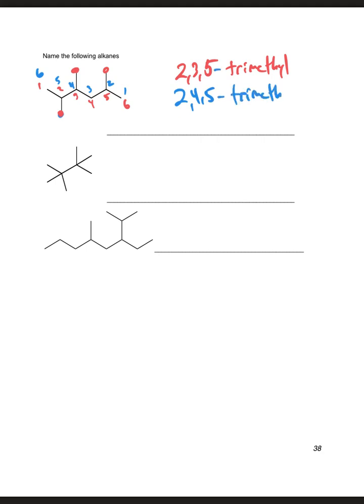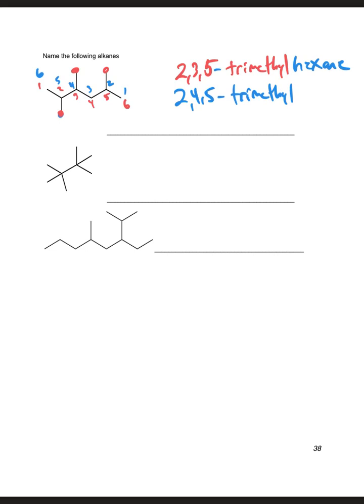We want the substituents to have the lowest numbers possible, so the correct way to name this would be to go in the red direction, so a 2, 3, 5 trimethyl, and then it is a 6 carbon chain, so it would be 2, 3, 5 trimethylhexane. And that part wouldn't change either way.